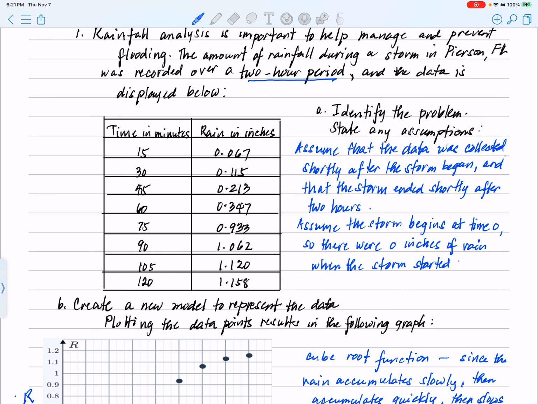Suppose we need to find the time interval when the most rain accumulated, and how much accumulated during that time. First of all, the first step is to identify the problem and state any assumptions.